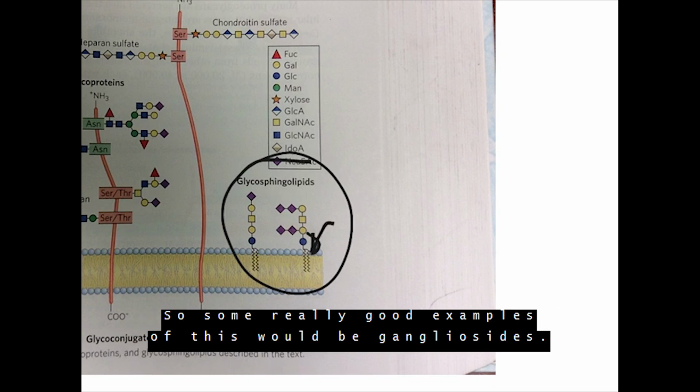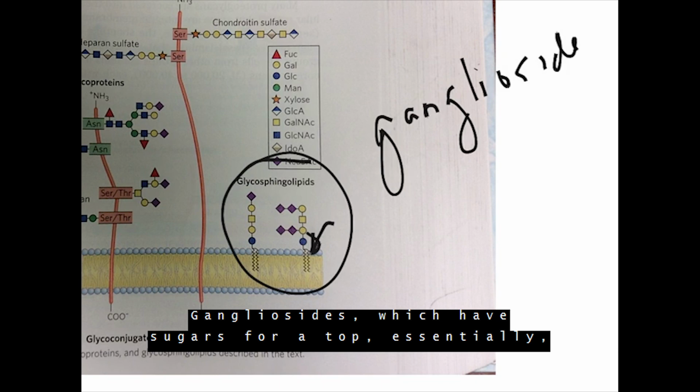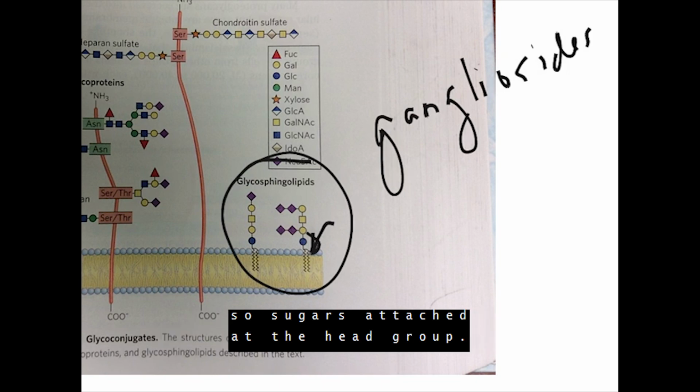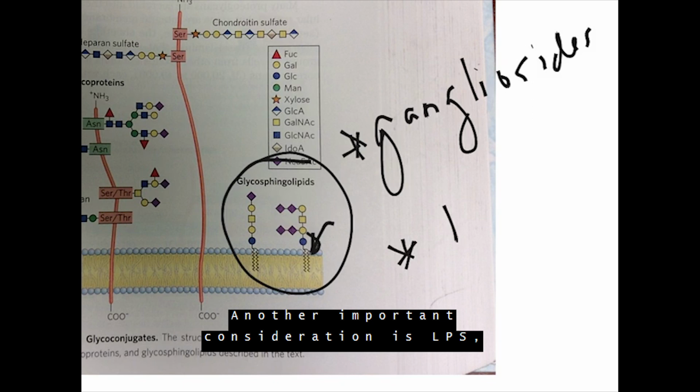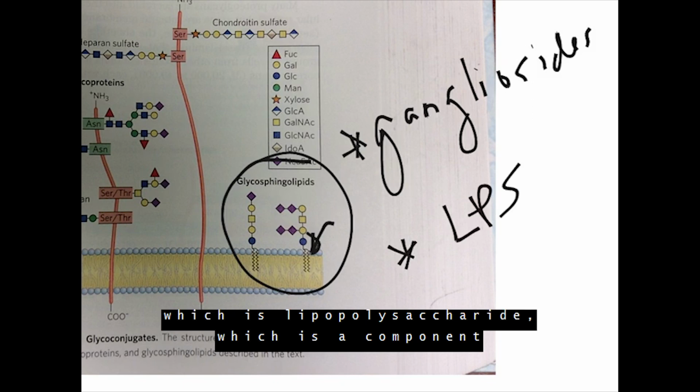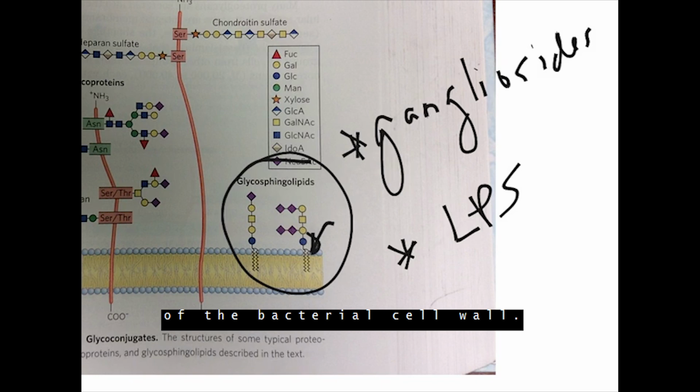Some really good examples of this would be gangliosides, which have sugars on top, essentially, so sugars attached at the head group. These are important for blood typing. And another important consideration is LPS, which is lipopolysaccharide, which is a component of the bacterial cell wall.